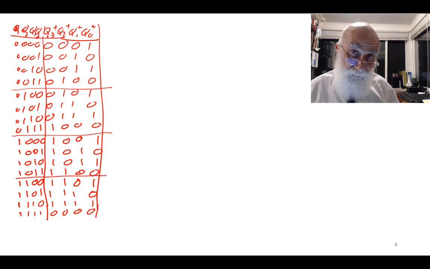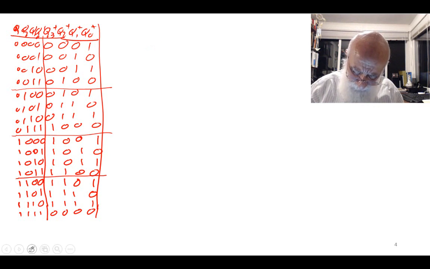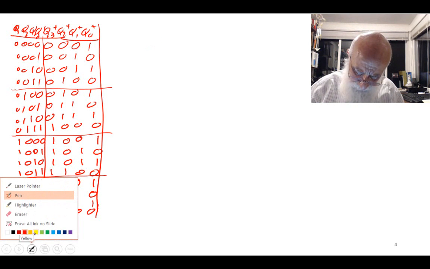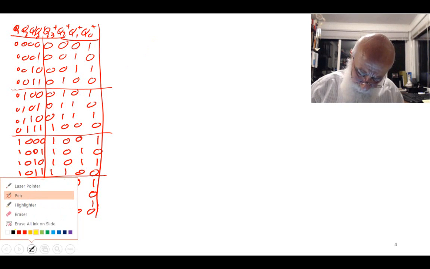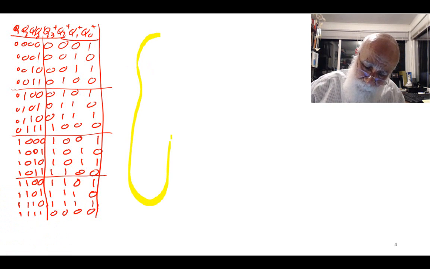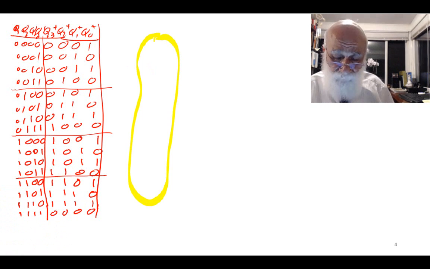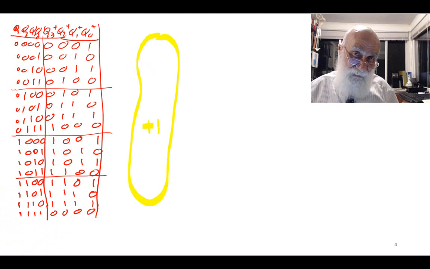This is the circuit I want to build. So this is how I'm going to build it. I'm going to build a combinational circuit that is an incrementer.